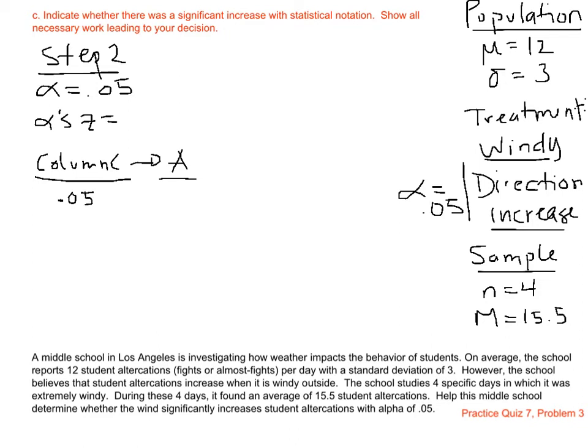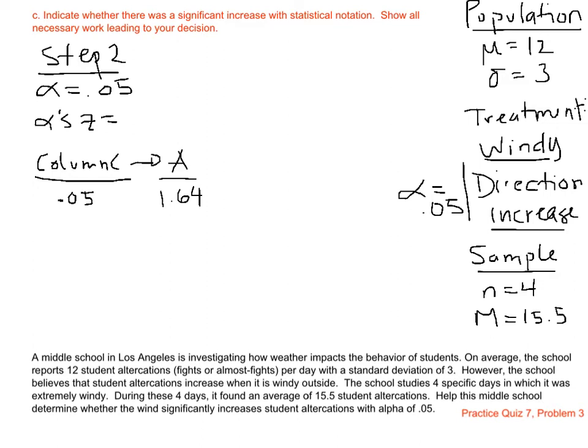Since this is a one-tail test and not a two-tail test, I don't need to divide by 2. And so when I look up under column C 0.05, I can cross-reference that to column A, which gives me 1.64. 1.65 is also applicable, but I'll just use 1.64 for this problem.